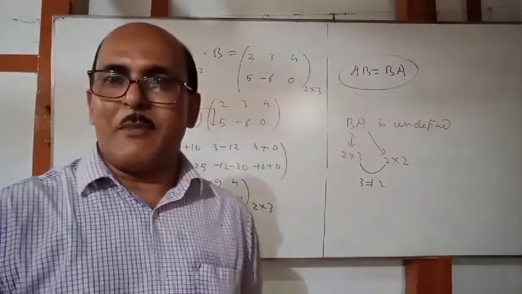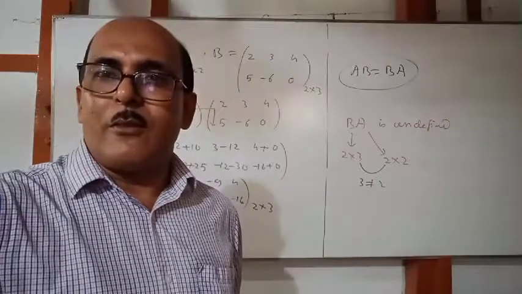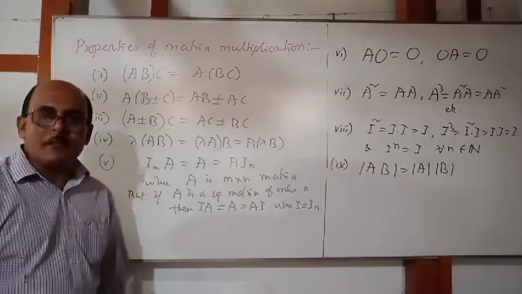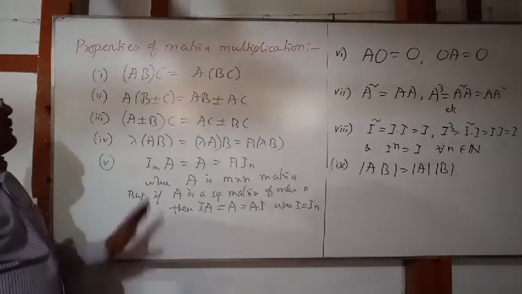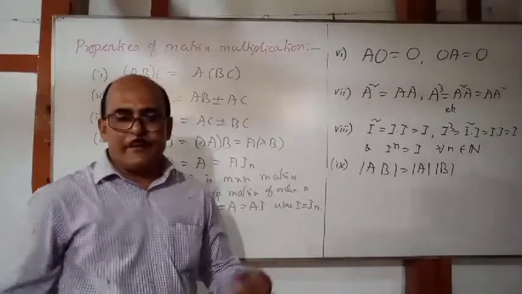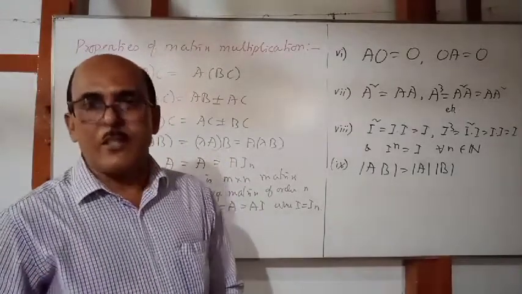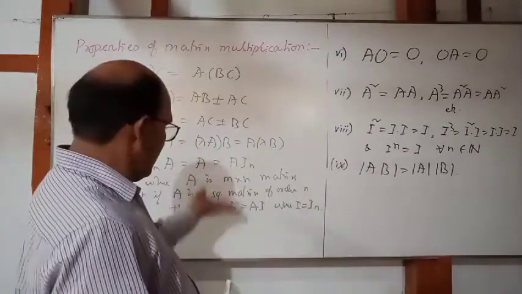This is about matrix multiplication, and some properties of matrix multiplication I shall write now. Now let us see the properties of matrix multiplication. Suppose A, B, C are 3 matrices, but this time they should be of suitable orders, suitable sizes, so that the product can be defined depending on the situation.